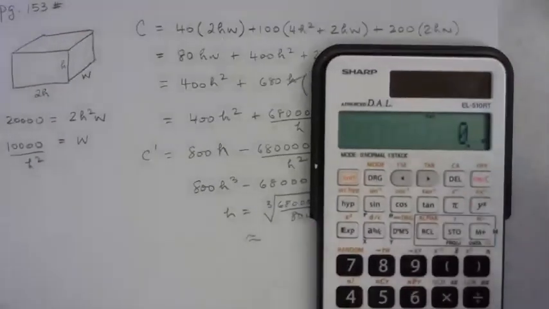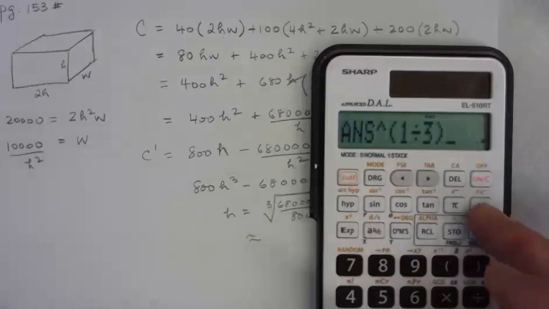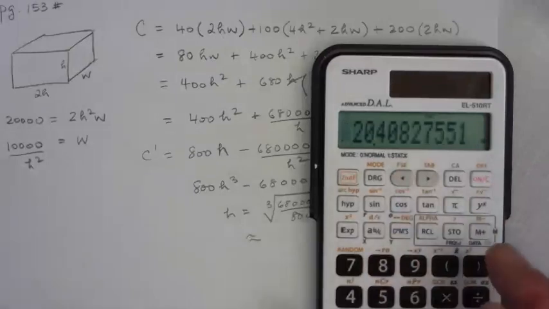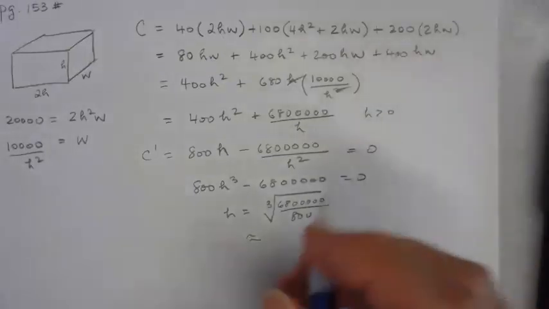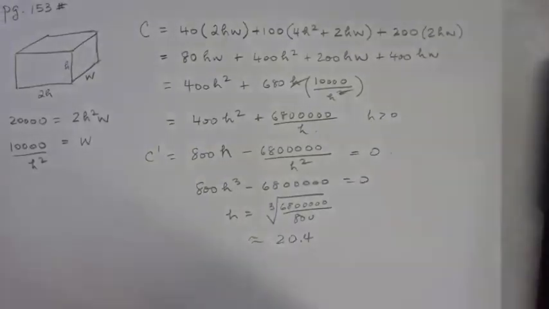Let's see what that gives us: 6,800,000 divided by 800, and cube root, so that's going to be exponent 1/3. Notice how I don't even bother using the nth root button here. It's just easier to do it as an exponent. So it looks like it's 20.4. I think I remember something saying 1 decimal place.